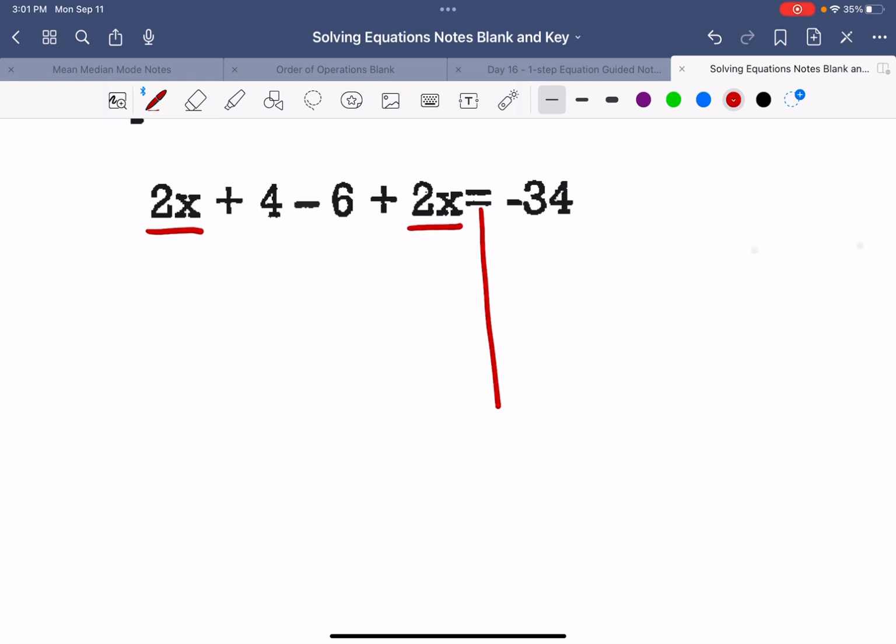Add those together, so I get 4x. They're a family. Now what else can I combine? Well, if you said positive 4 and negative 6, you would be correct. When you add 4 minus 6, you get negative 2.